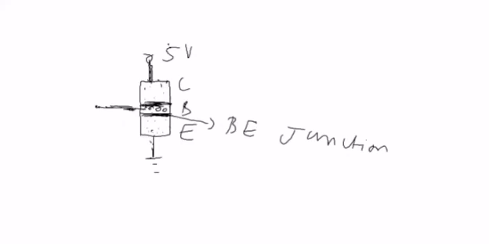If you supply voltage here, you have to give it 0.7 volt because this is a junction, and you know that there is a depletion region. If you supply 0.7 volt, that is the barrier potential of silicon, so this will act like a forward bias.